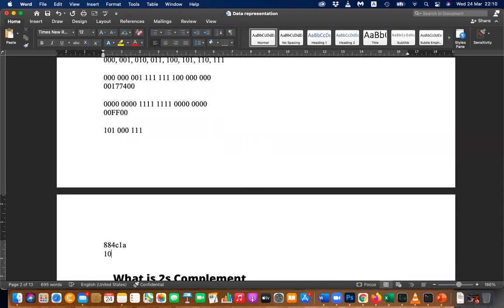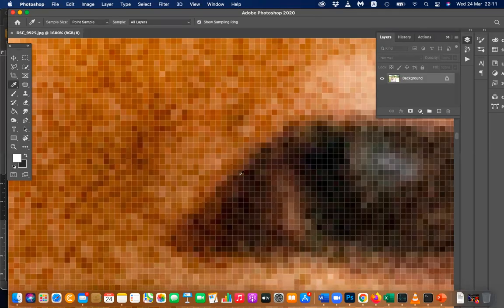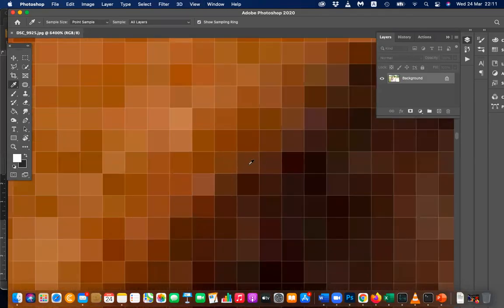So 8 means 1000, again 8 means 1000, count the number of digits, 0100, C means 1100, 1 means 0001, and A means 1010. How many bits? 4, 8, 12, 16, 20, and 24 bits. That's what I said. You have 24 bits for one single pixel, one single square, this square.